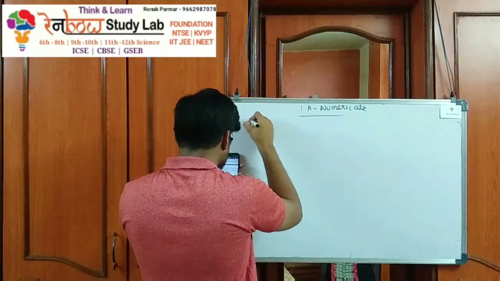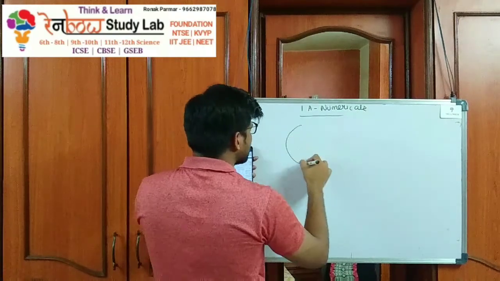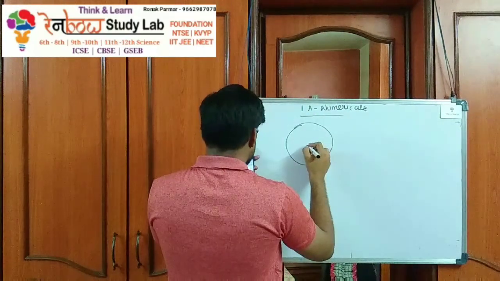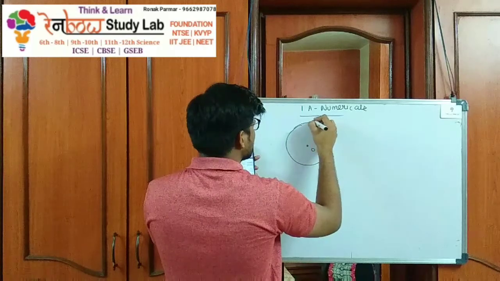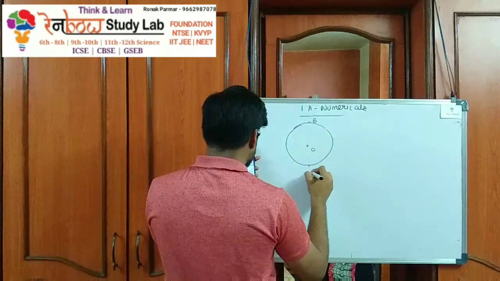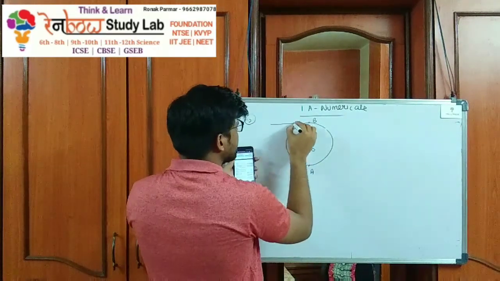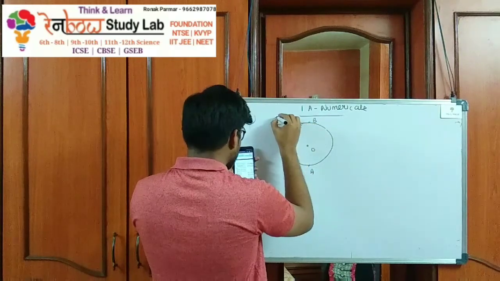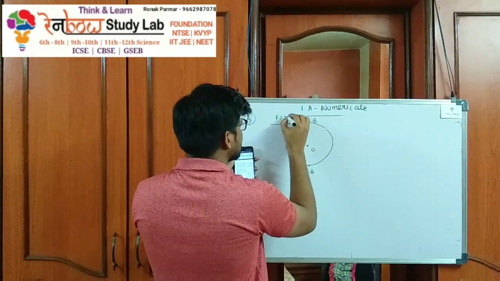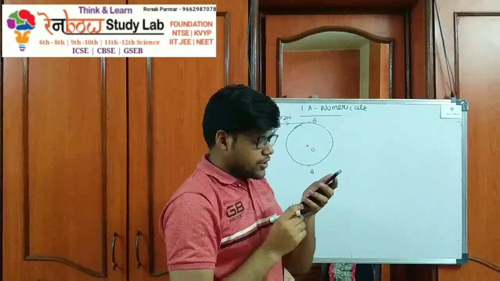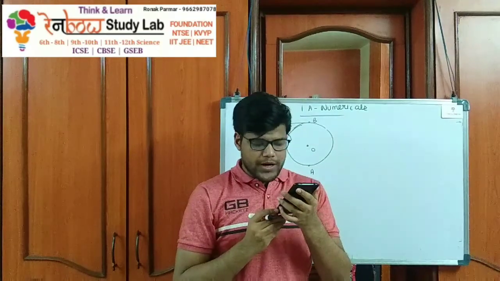Question number 3. There is a wheel shown in the figure which is pivoted at O and there are 2 points B and A. A force is applied at B as shown in the figure, which is of 2 Newton. In this particular question there are 2 parts.